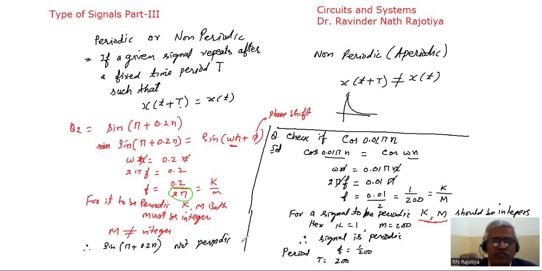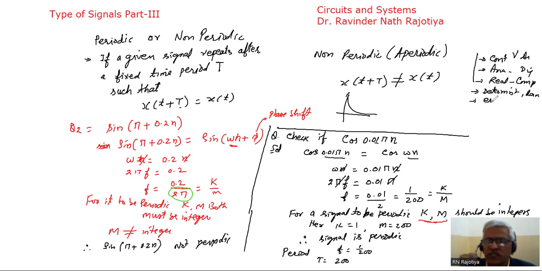With this, we conclude the topic on the different types of signals. We studied continuous versus discrete signals, then analog versus digital signals, then real valued versus complex valued signals, then deterministic or random signals, then even or odd signals, and then periodic or aperiodic signals.